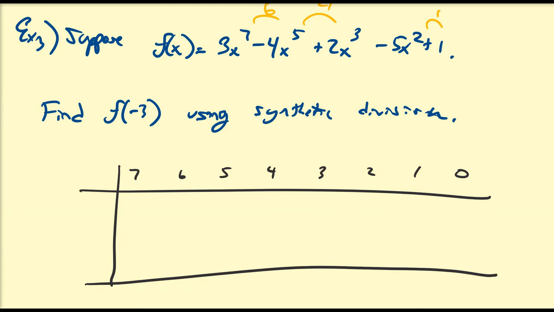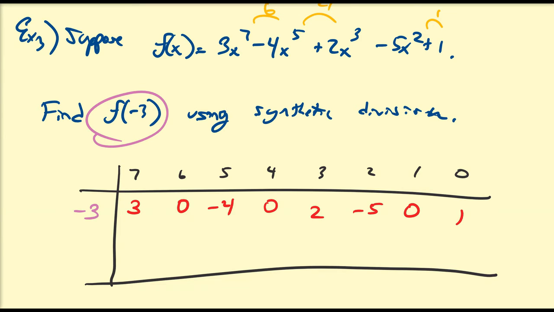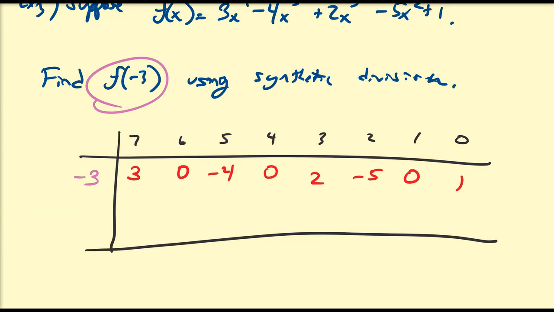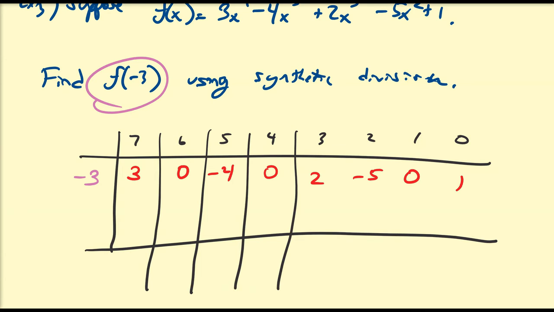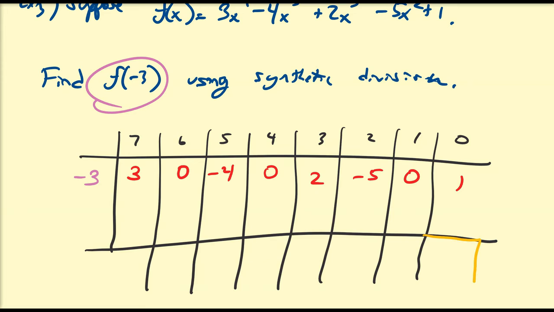Our coefficient for 7 is 3, the coefficient for 6 is 0, the coefficient of 5 is negative 4, the coefficient of 4 is 0, the coefficient of 3 is 2, the coefficient of 2 is minus 5, the coefficient of 1 is 0, and the coefficient of 0 is 1. We're looking for f of minus 3, so minus 3 is going to go outside of our box. Our claim is that the answer in this yellow box will be the answer that we are looking for.